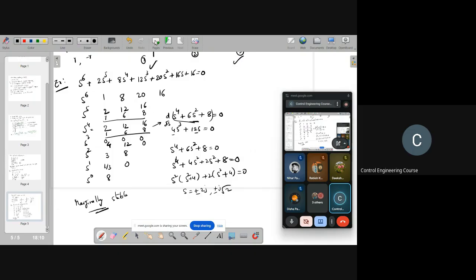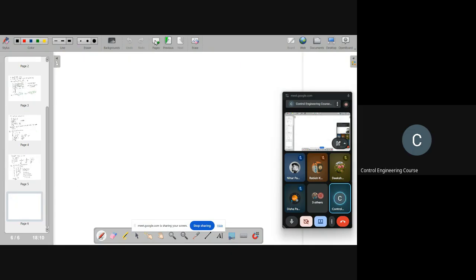So as of now, the Routh-Hurwitz criterion helps to find whether the system is stable or not, and also helps to find how many roots are on the right half of the s-plane.